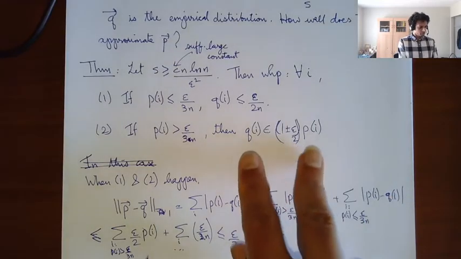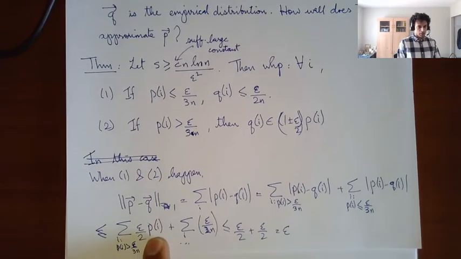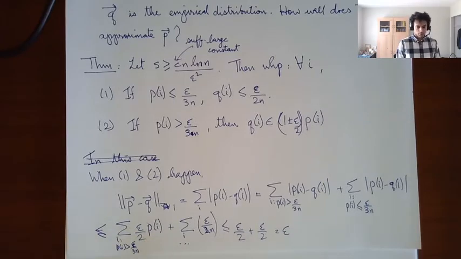There's n terms though. Oh, but I'm just summing over all P of I then. The sum of all P of I is at most 1. That's a distribution, right? So here I actually multiply by n, but here I don't have to multiply by n.